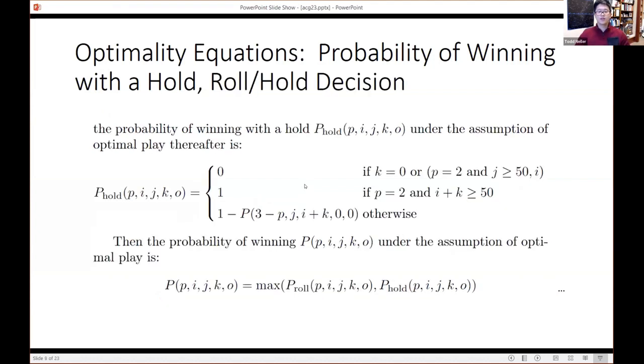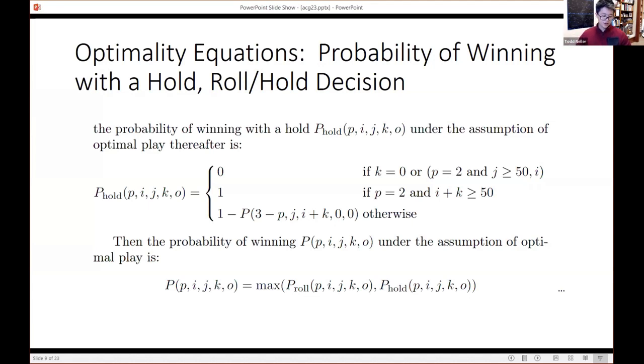Thus, we want to find the probability of holding under the assumption of optimal play. So P hold will be 0 when the turn total is 0, or when it is player 2 and the opponent score is larger than 50.